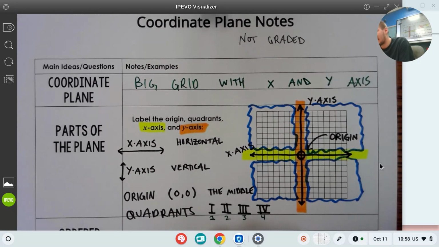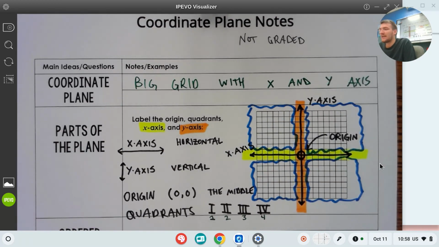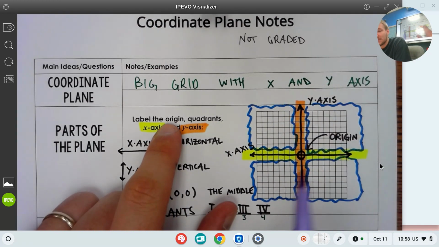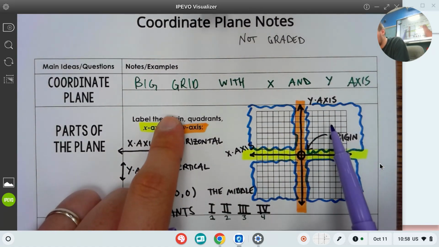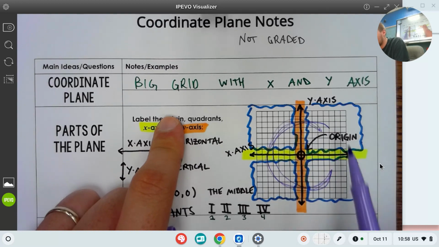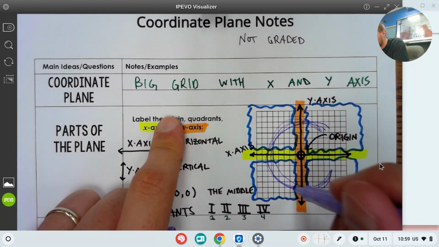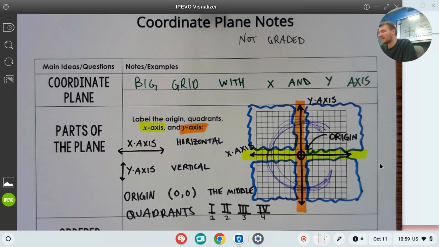The second thing that is weird about quadrants is the order that they're in. It is counterclockwise, but the way I'm going to do it is by drawing the letter C. Everybody see this C here? So if you put your pencil down and you draw a C, that is the order of the quadrants.